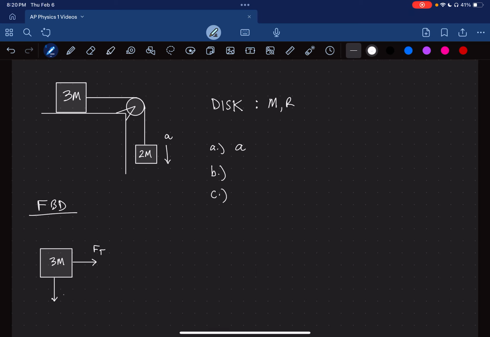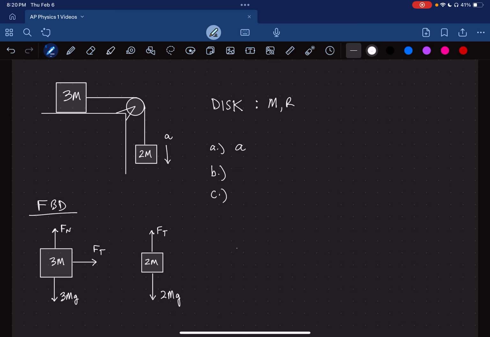This is 3 times the mass, so this is 3mg, and it has on here a normal force. There's only one normal force in the problem, so we can just label it as Fn. The other mass, 2 times the mass, has gravitational force 2mg, and it has a tension force going up like this. Those are the free body diagrams for those objects.